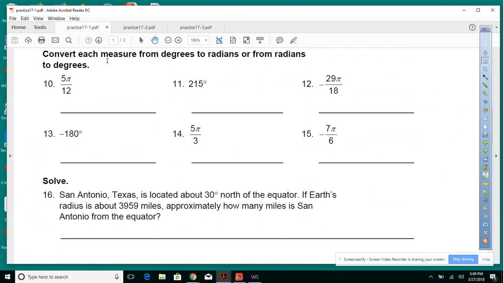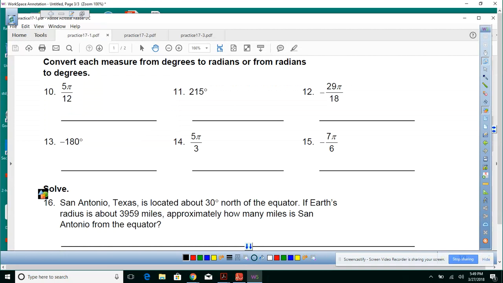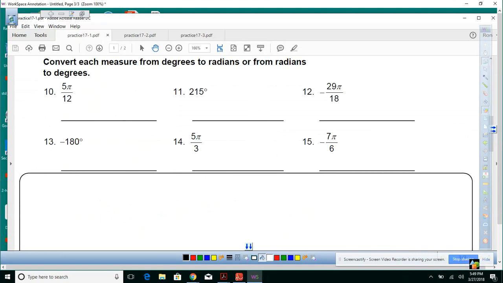It says convert each measure from degrees to radians or from radians to degrees. Let's get the block, because we're going to have to do some arithmetic.